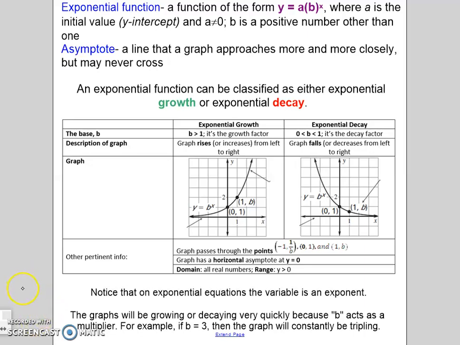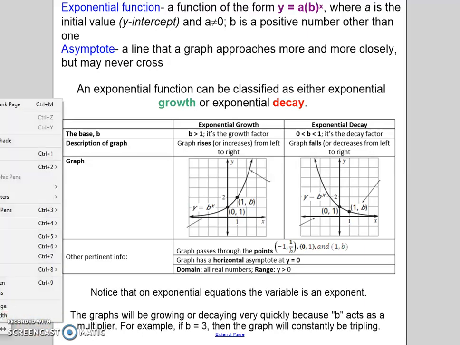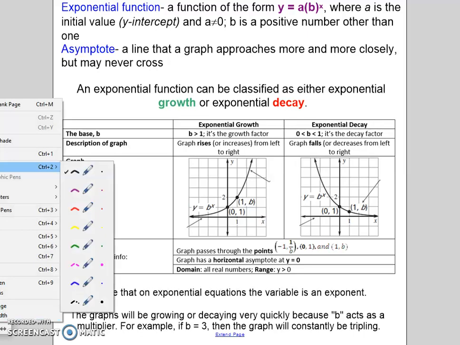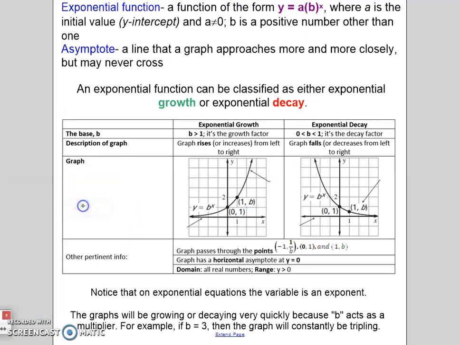Other important information about exponential functions is that if you have the equation simply y equals b to the power of x, then these 3 points will always be on that graph. So in the graphs that I have illustrated, those are both y equals b to the power of x scenarios.